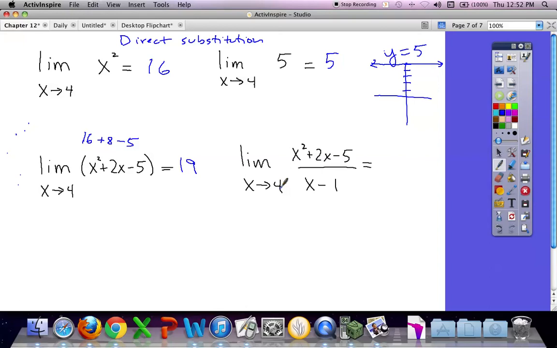So just plug in, right? Now we just did this one in the previous example. That's 19. And then if you plug in 4 here, 4 minus 1 is 3. So if you can plug in, you definitely plug in, and that's the limit.